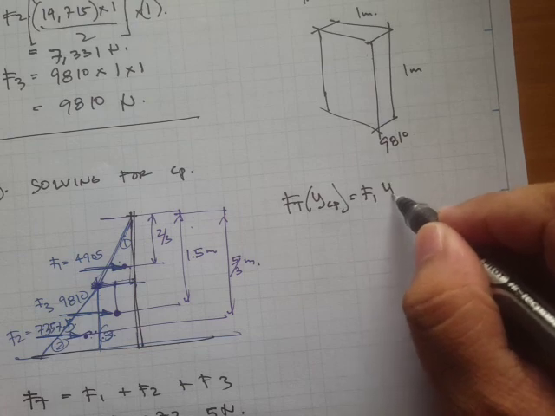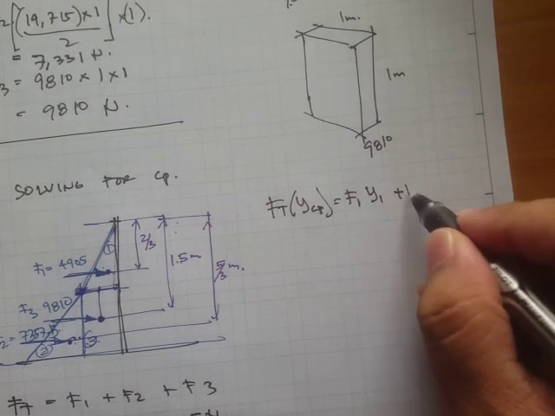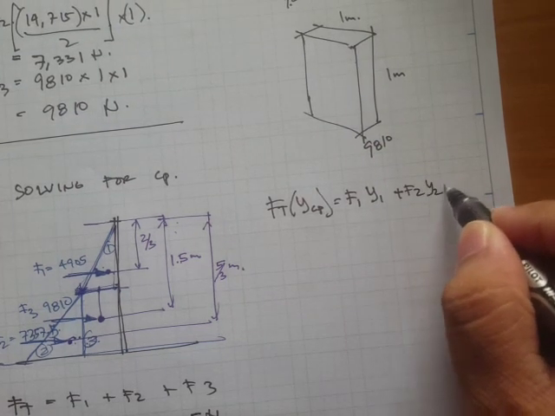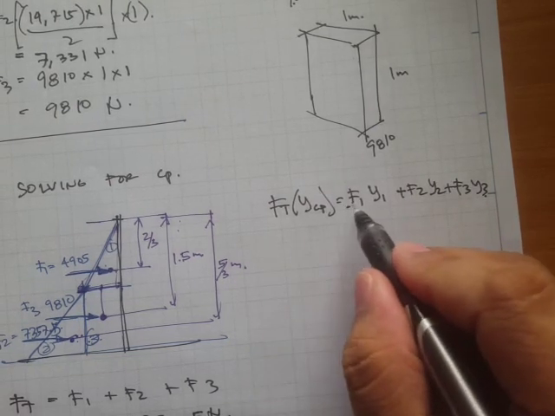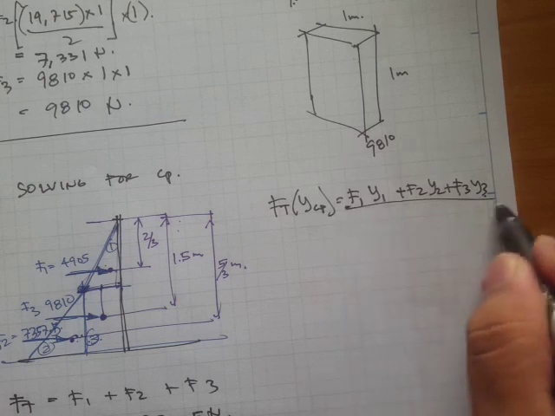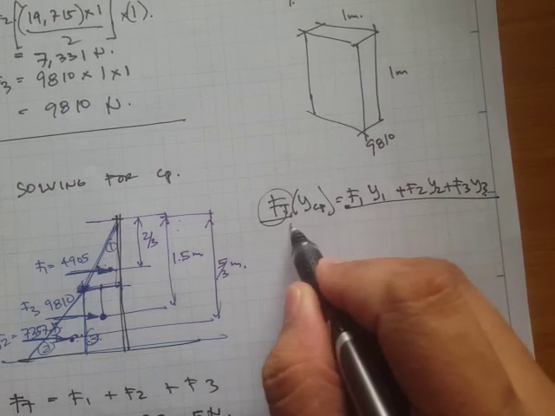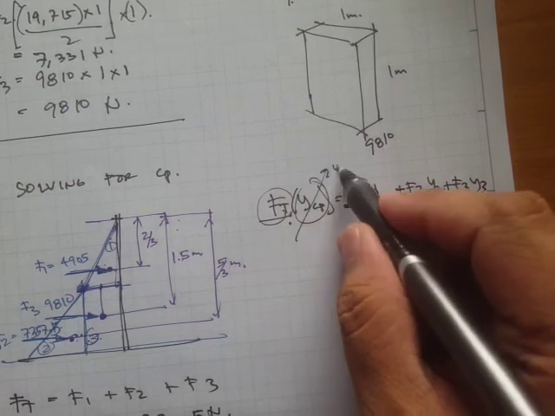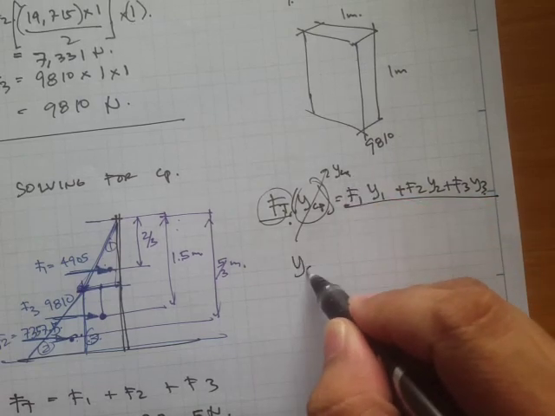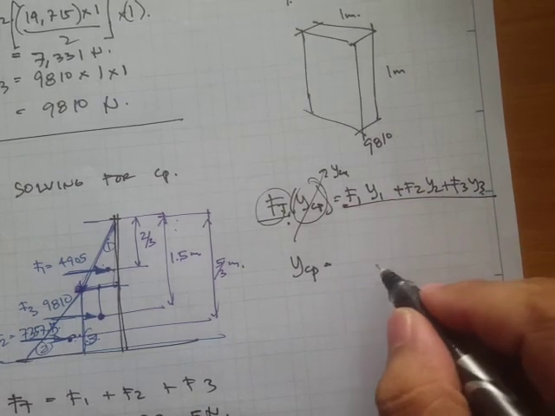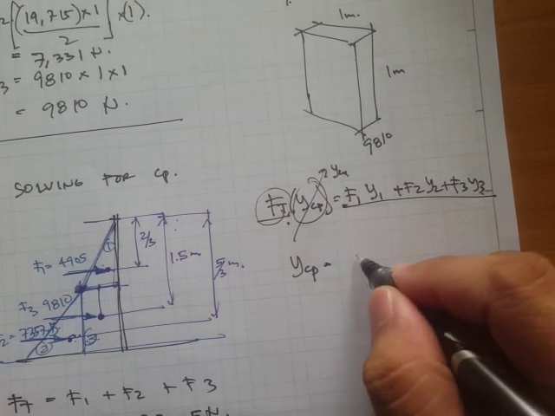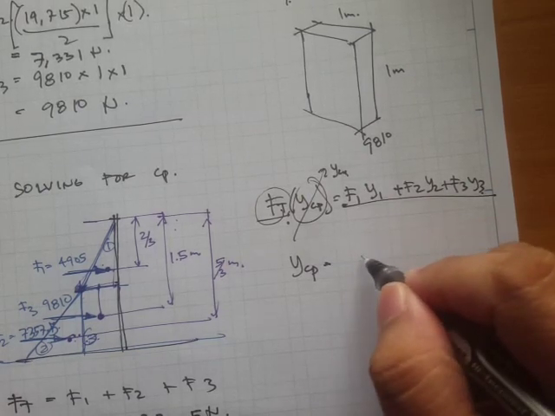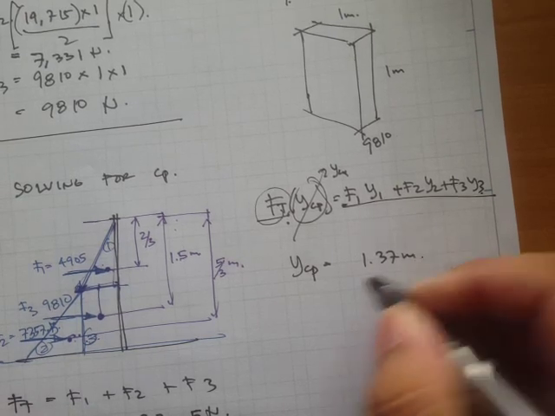So let's write F1 times y1 plus F2 times y2 plus F3 times y3. We have the values of all these terms plus the total force, and now we can solve for ycp. If you substitute all the values, what you get is 1.37 meters.